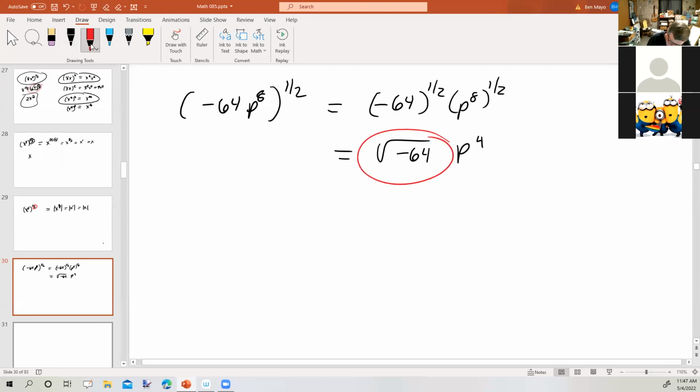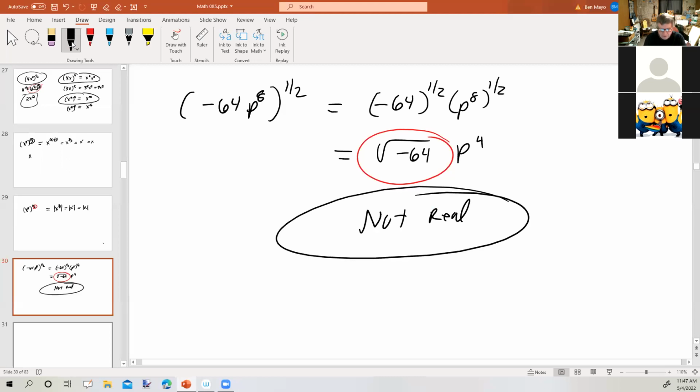But what is the square root of -64? Not real. So the answer is not real because we can't take an even root of a negative number. All right, that was one of the big things from yesterday.